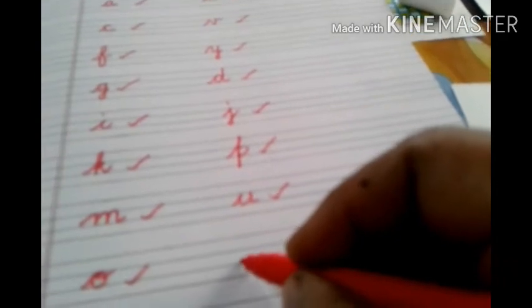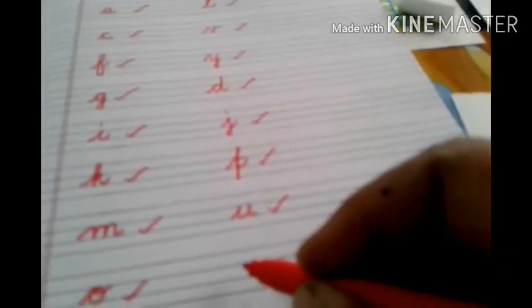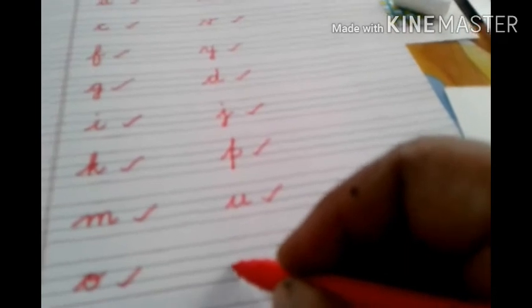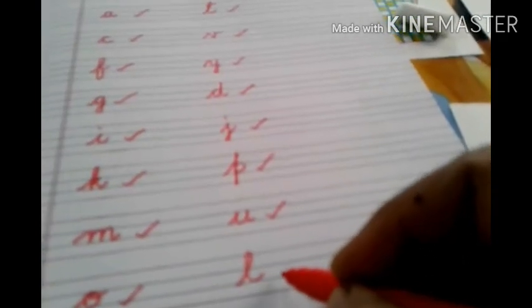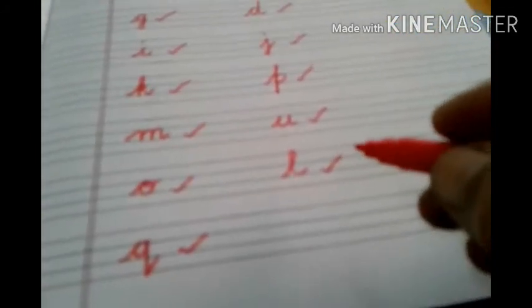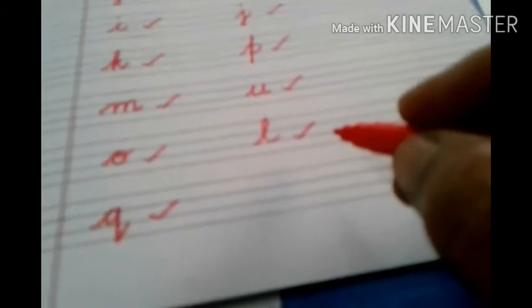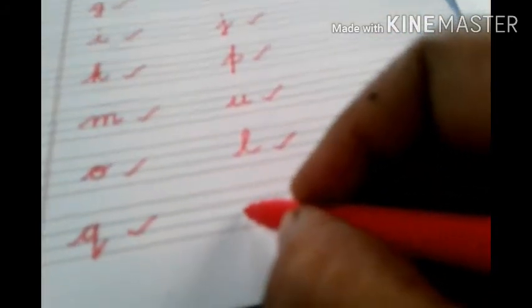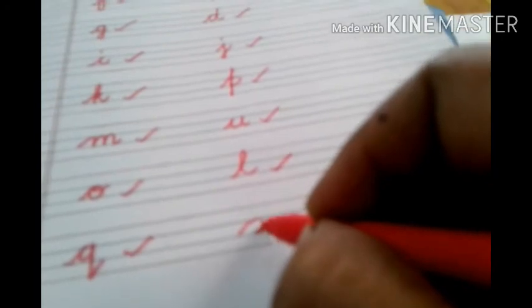Sorry, next letter is L. If you have written L like this, put a tick over there, otherwise put a cross.